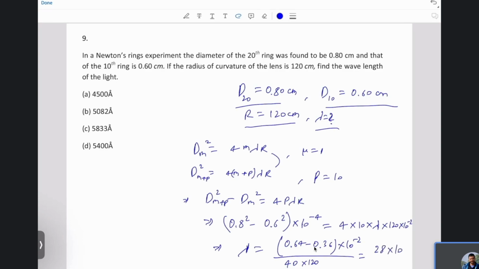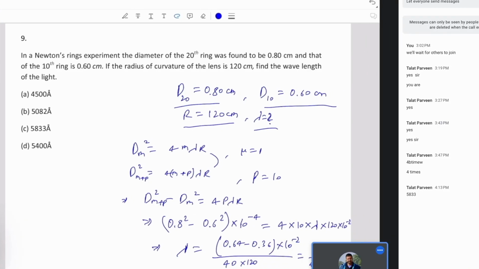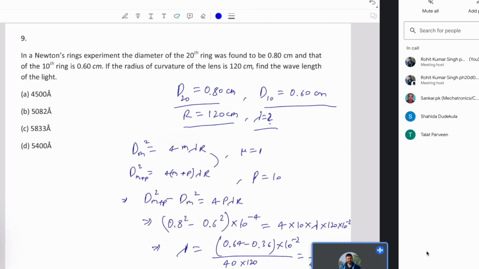Into 10 to the power minus 4 divided by 4800, correct? Yeah, you can use a calculator. Just 583 extra. Yeah, thank you, Talat. It's the correct answer.